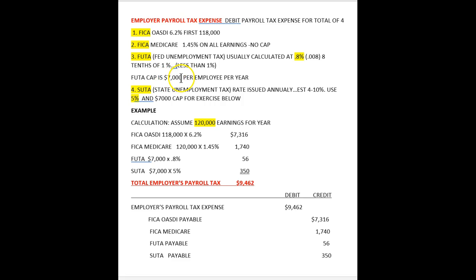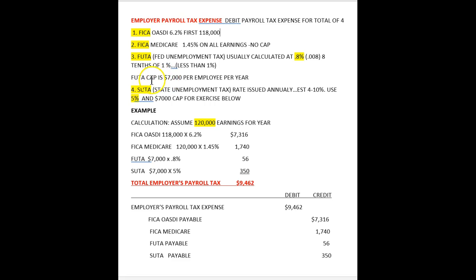But we're going to go ahead and use a $7,000 cap for whatever state you want to be in. Here in Massachusetts, I believe it's more than seven. I think it could be $8, $10, $12,000 or so. I don't keep my eye on it. But anyway, realize that the employer's obligation stops at whatever that cap is.